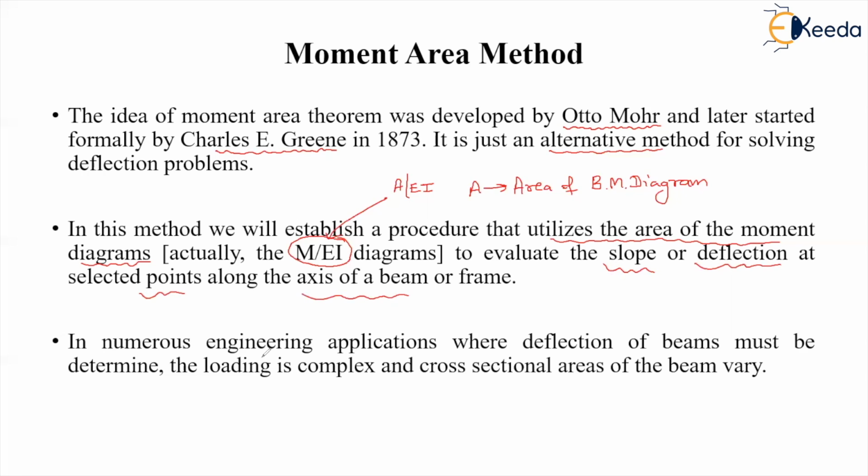There are various engineering applications with difficult, complex loading where the double integration method is not helpful to find slope and deflection. In that case, we can use the moment area method to find the slope and deflection of the beam.